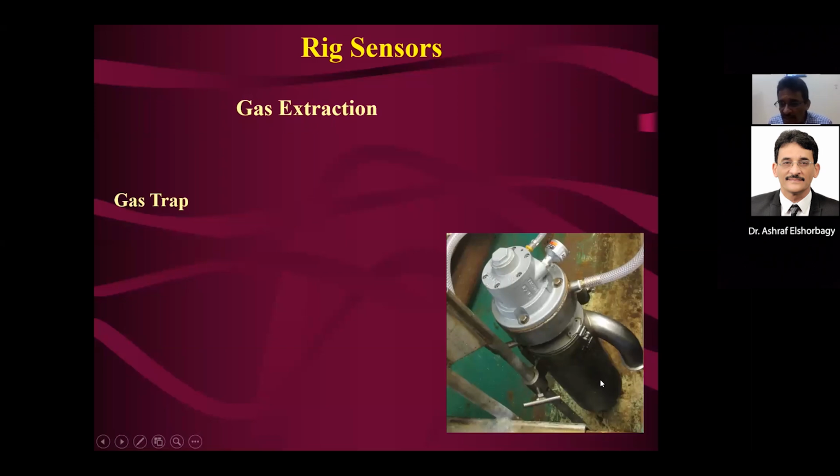And inside the gas trap, we have an impeller. This impeller starts moving very fast and so starts to extract the gases. The gas comes up here, and they transport the gases in this line to the unit using a suction pump.